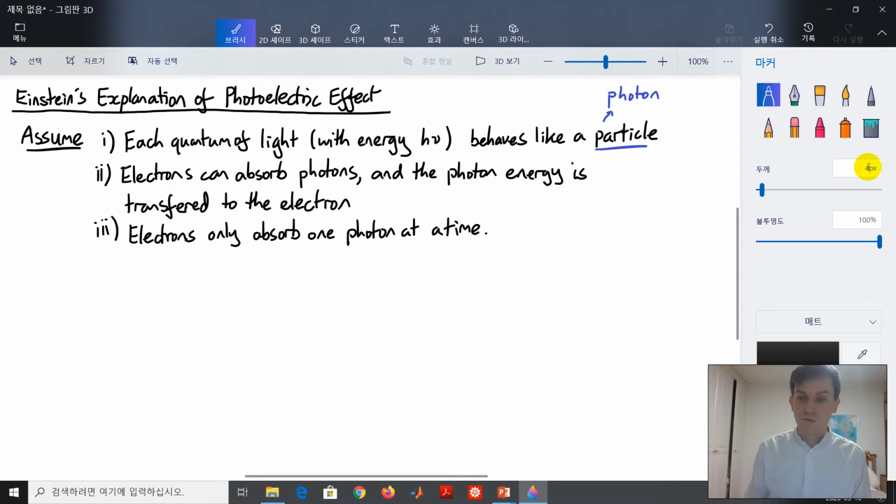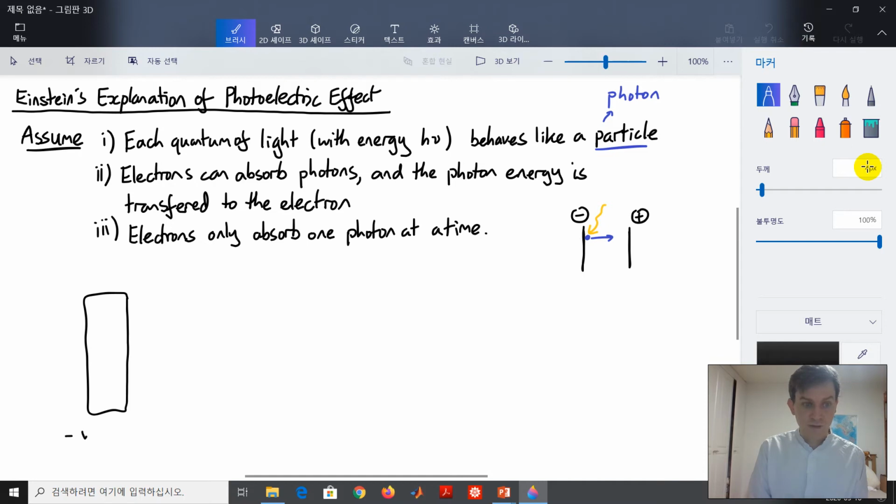Right. So we now have to consider what this circuit looks like. We said we had two plates like this, a negatively charged plate and a positively charged plate, and we were shining light onto the negatively charged plate here, and doing so would make an electron escape and travel across to the positively charged plate. So if we think about this from the electron's perspective, let's suppose that the plates are here.